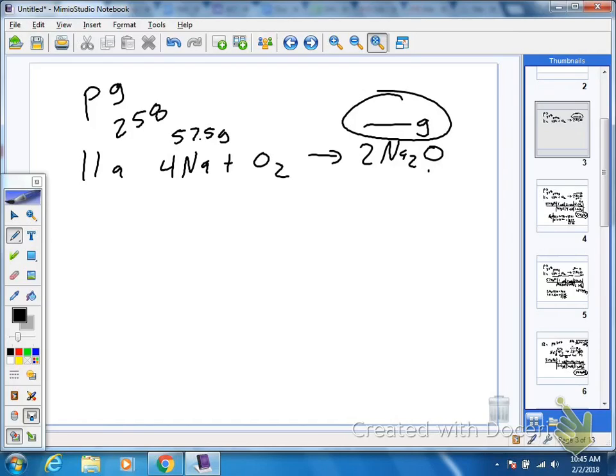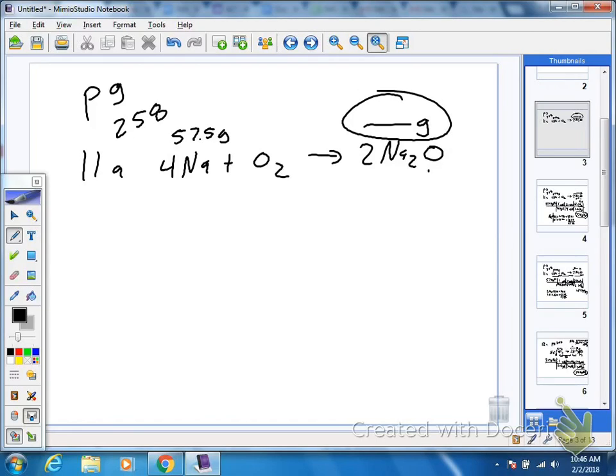We need to get it into this unit before we can do any problem. You got to get into moles. Before we can do any problem in this chapter, for the most part, we have to get things into moles. Then we can make the comparison, because that's what these numbers, the 4, 1, 2, represent. That allows us to make that comparison. So that's the very first step that we would do.